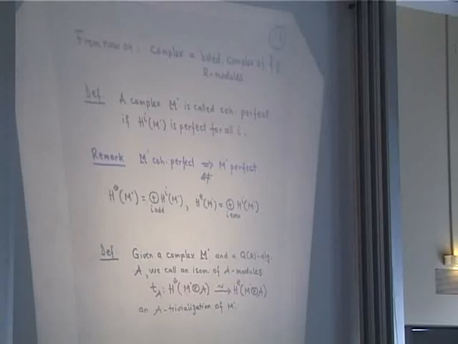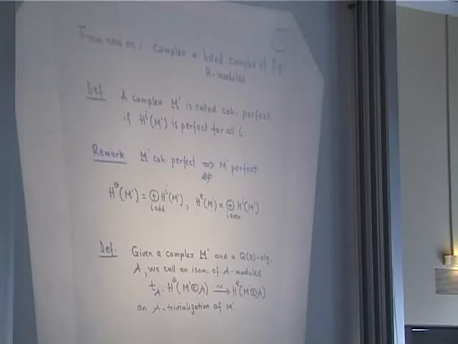And now, given a complex M dot of R modules and a Q of R algebra A, if you have an isomorphism between the odd cohomology of the complex tensored with A and the even cohomology of the complex tensored with A, then you call that isomorphism an A trivialization of your complex.